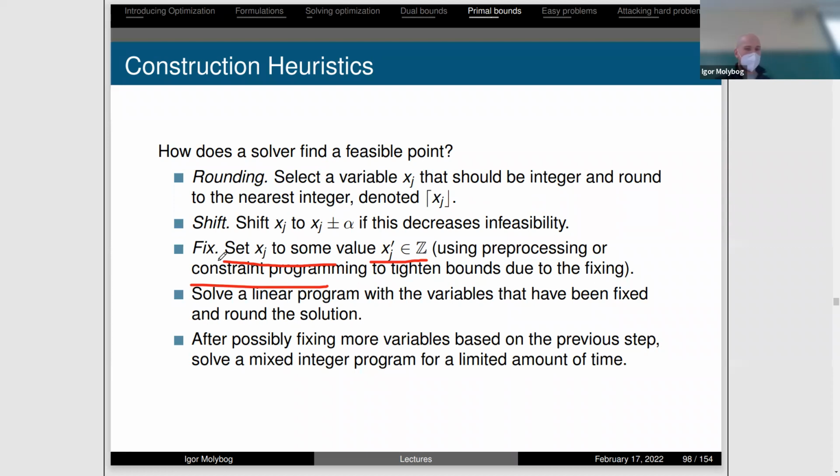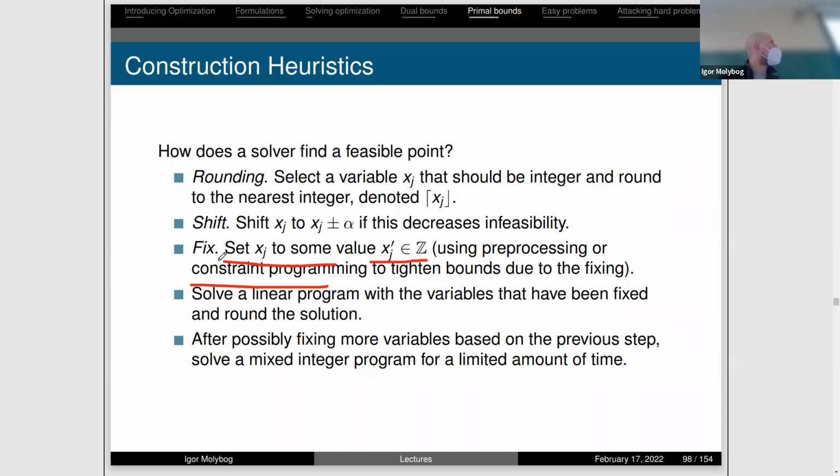After performing the previous steps several times, you can potentially include more fixed values into the problem and proceed with mixed integer programming solution for smaller problems. So fixing is a way to reduce the size of the problem too.